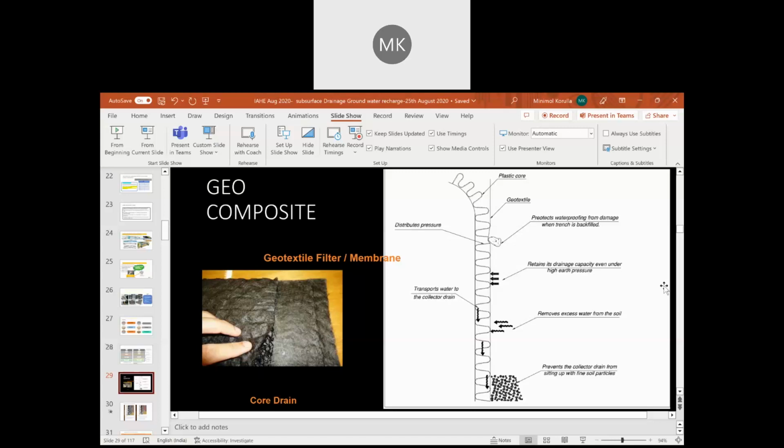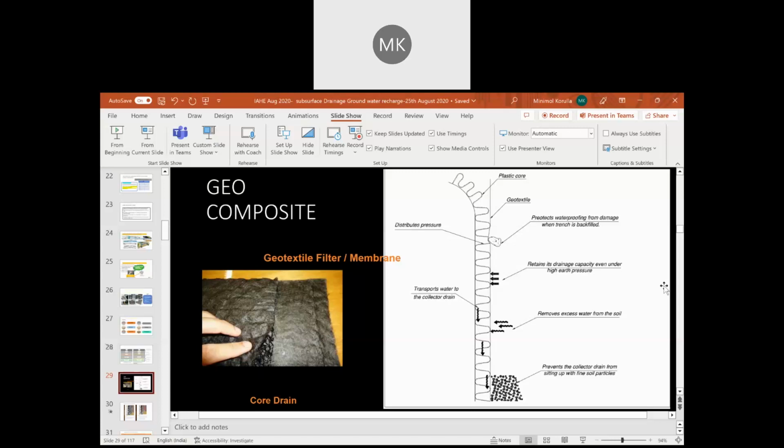Just understand that the drainage geocomposite is a combination of geonet and geotextile in most cases, and in some cases it is geonet sandwiched between geotextile on one side and geomembrane on the other, where we want a capillary cutoff or one-side impermeability. But in most highway situations, the drainage geocomposite we use will be a geonet sandwiched between two geotextiles.